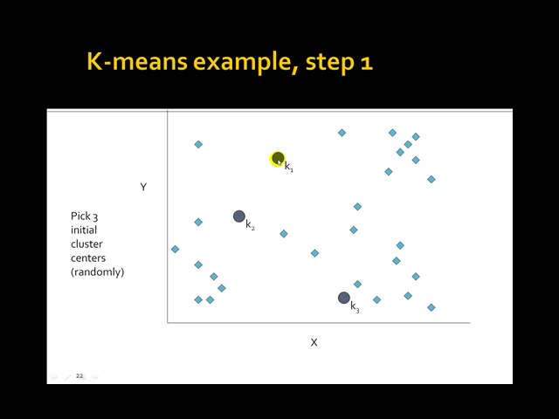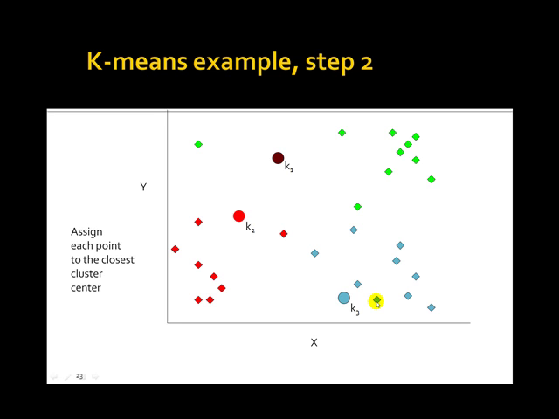Those will be in one group. Which points are closest to K2? Those will be in another group. So like this one, should this be in cluster 1, cluster 2, or cluster 3? Well, clearly it's closest to K2, so it's going to be in cluster 2. Whereas this point, should this be in cluster 1, cluster 2, or cluster 3? Well, clearly it's closer to here, so it should be in cluster 3.